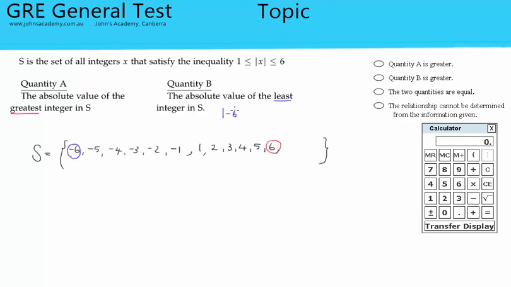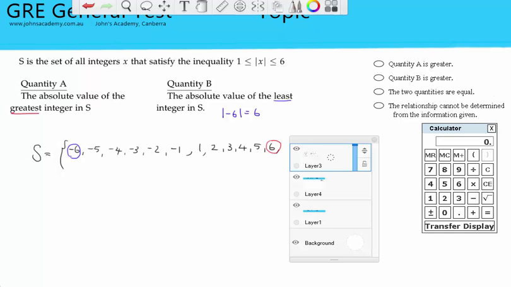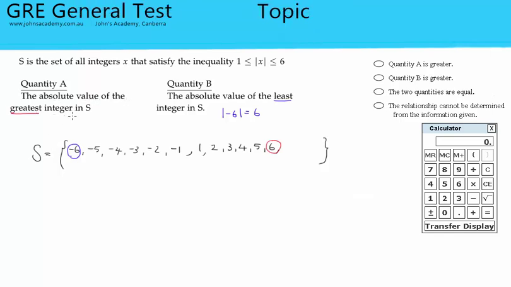That's absolute value of negative 6, that is equal to 6. And what is the absolute value of the greatest integer? That's absolute value of 6, and that is equal to 6. And we can see that these two quantities are equal, so therefore the answer is C.